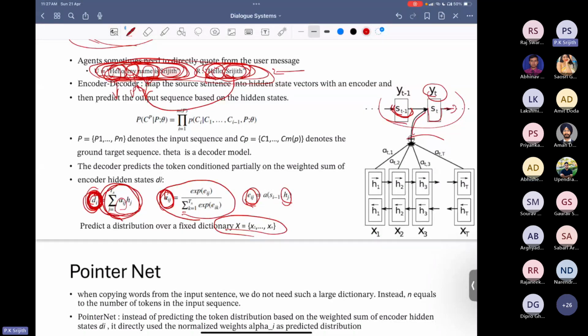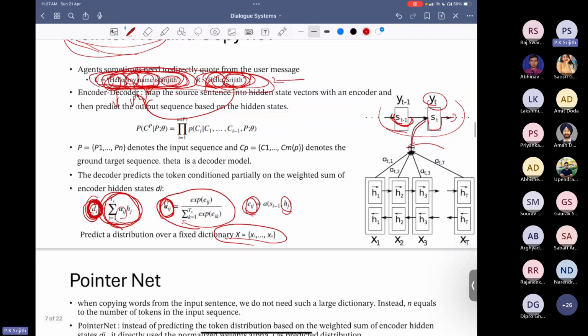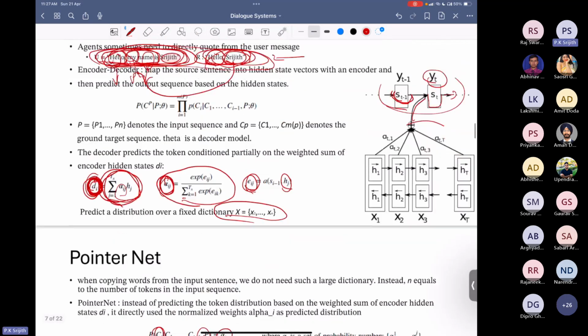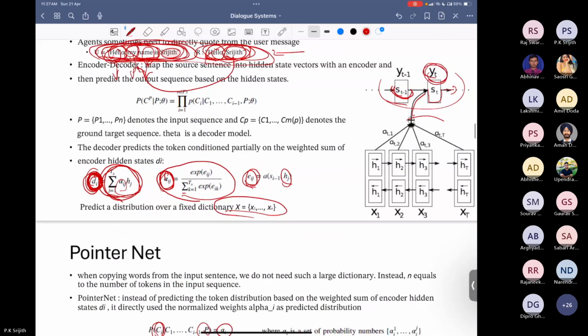But as far as our objective, for example, if our objective is only to copy what is there in the input that the user has provided, pointer net is good. The way it achieves that is by just considering the probability distribution over this yt that it has to predict. That probability distribution is restricted only to those input words. So the alpha i's that you have here you can think of as a probability distribution that you are finding out over the input words.